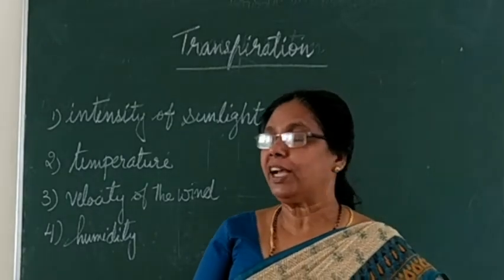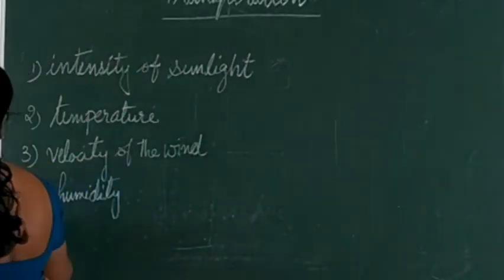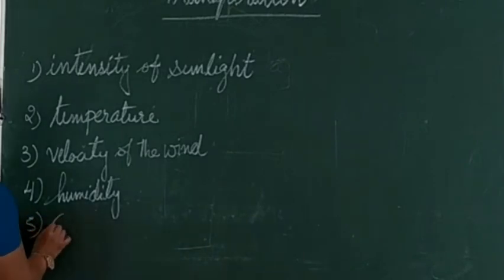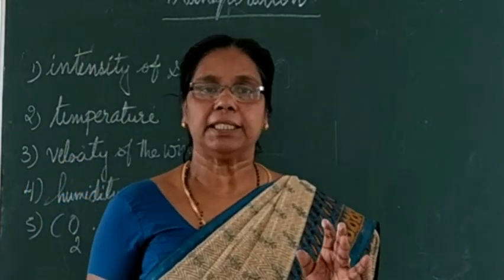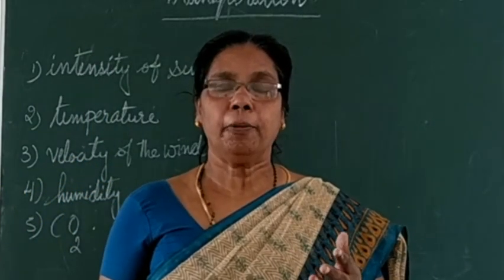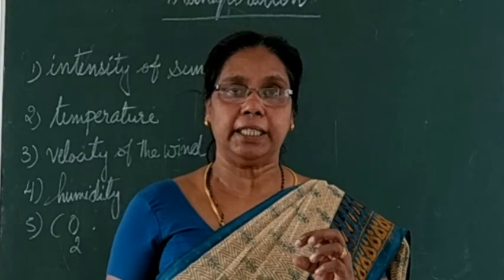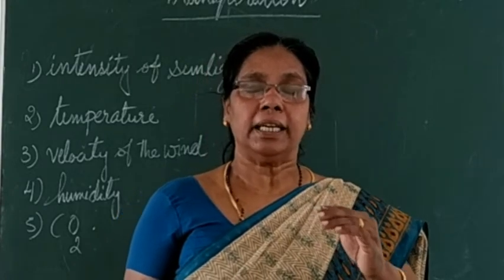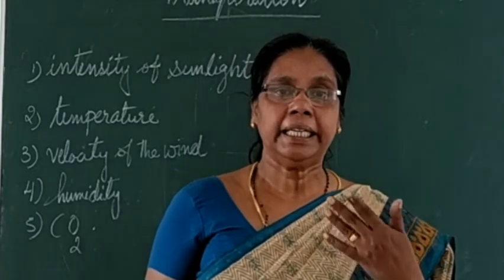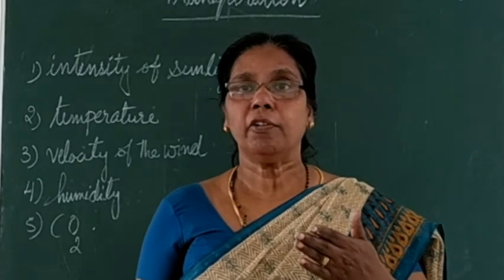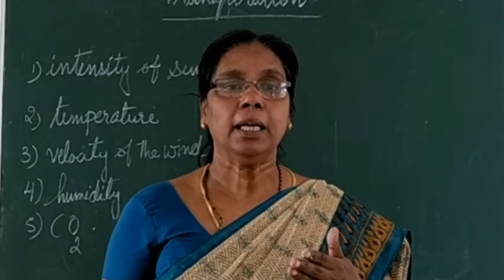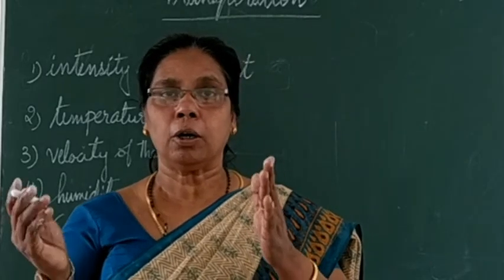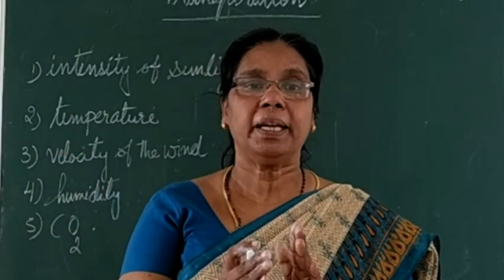Next external factor is carbon dioxide. As all of you know, the amount of carbon dioxide present in the air is 0.03%. Suppose this amount is increasing in the atmosphere, it will lead to the closure of the stomata.